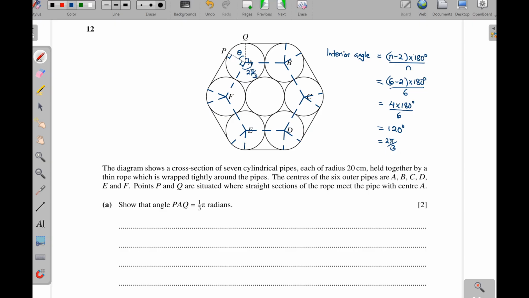So you will begin by finding angle FAB, which is going to be equal to, then I can write this one here, 2 pi over 3. Okay, we can have 4 times pi over 3.